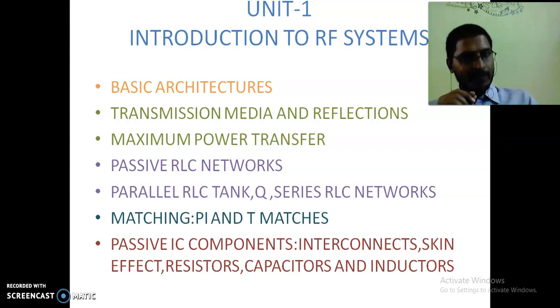Due to skin effect, most of the AC current passes only along the surface of the conductor. There are formulas to calculate the depth of penetration, or skin depth, denoted by the symbol delta.